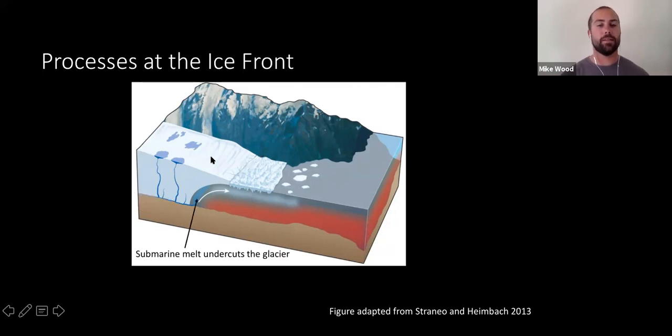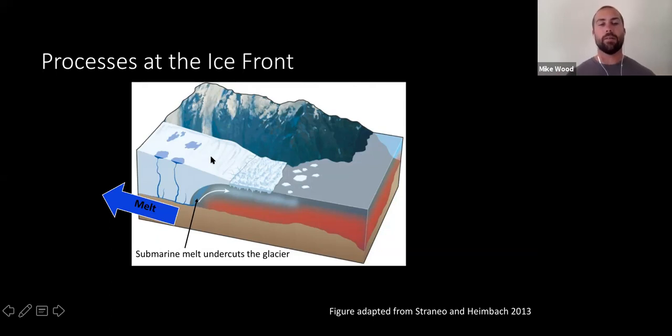The first is, well, the submarine melt, sort of the main topic of this talk. And that submarine melt is really acting vigorously at the grounding line, and that melt is going to cause the grounding line to move back. Now, it's important to note here, when I'm considering submarine melt, I'm really focused on the melt that's happening there near the grounding line.